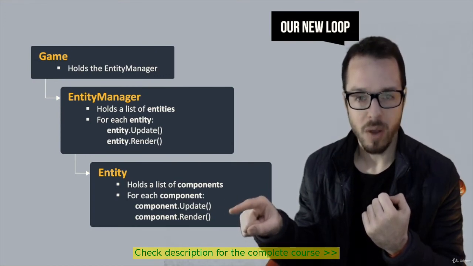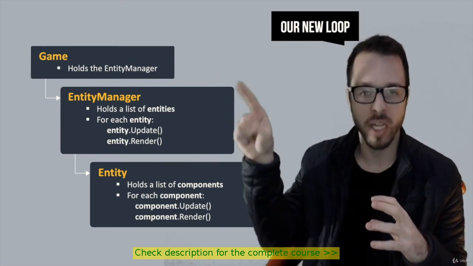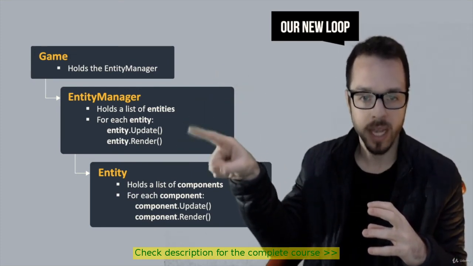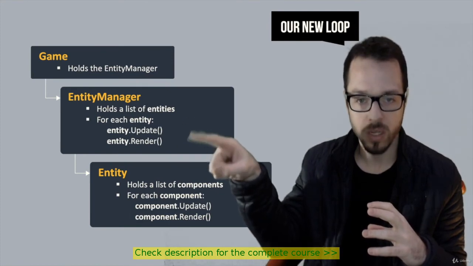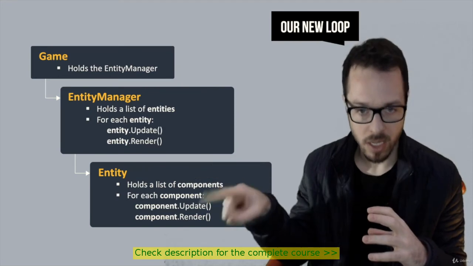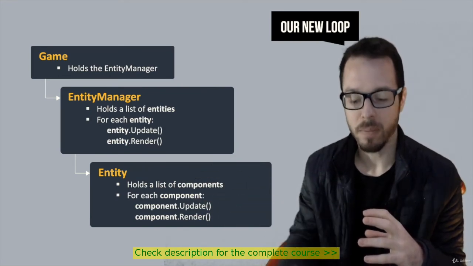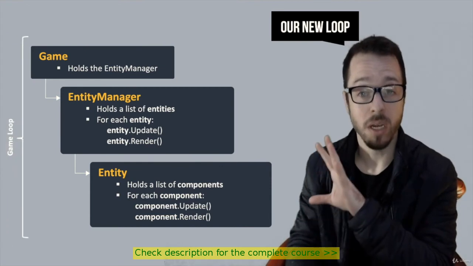So do you see how I have these cascading responsibilities, right? My game holds the entity manager, which loops all its entities rendering and updating, and each entity inside my entity manager is responsible for looping all the components, updating and rendering them. And this is my new game loop, right?